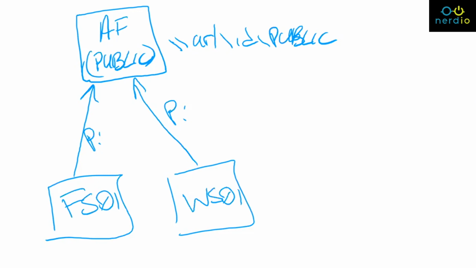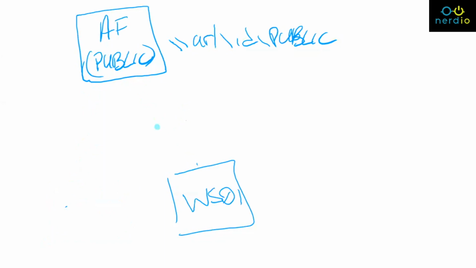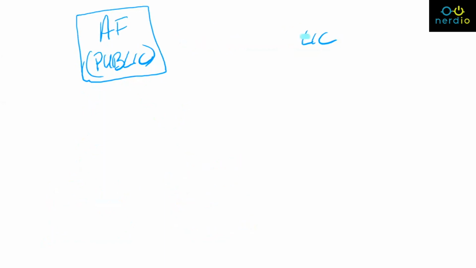So how do you make use of Azure Files? The way you can make use of Azure Files is using something called Azure File Sync, okay? It sounds kind of similar to Azure Files, but it's actually a feature that runs on top of Azure Files and does the following.